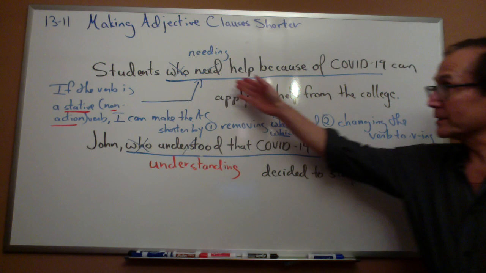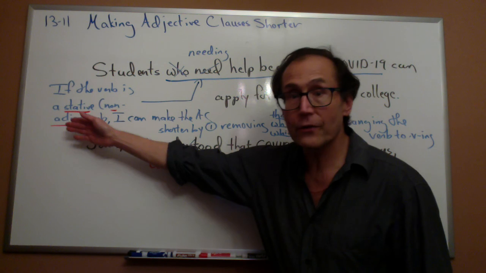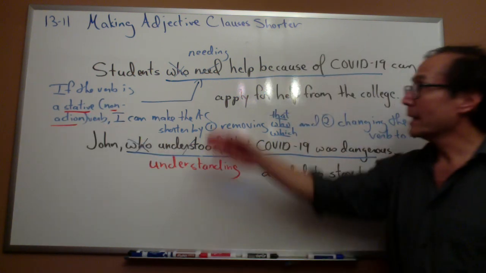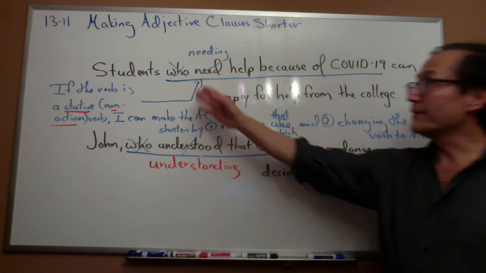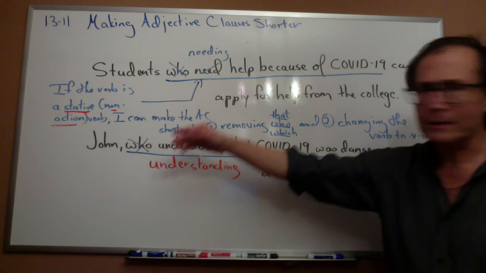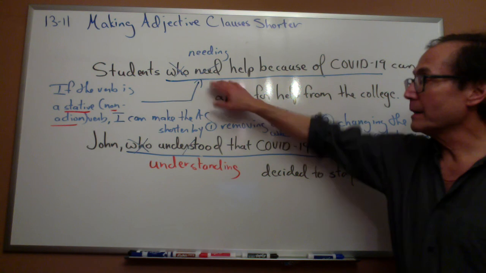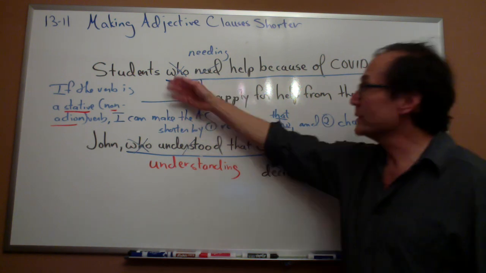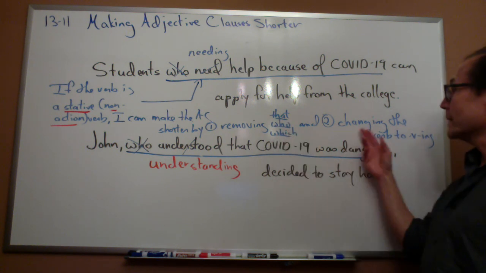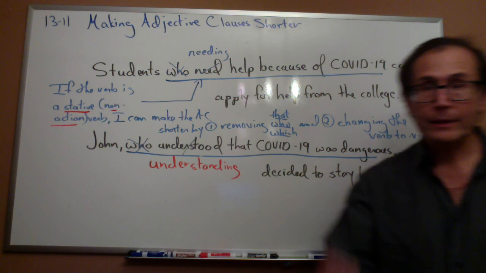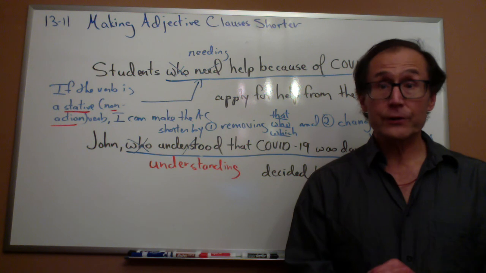I can also make an adjective clause shorter if it has a stative or non-action verb. Even if there's no be, I can make it shorter. The way I can do it is I get rid of that, who, or which, and I change the verb to verb-ing. And the other important thing that we learned is I never have to do this.